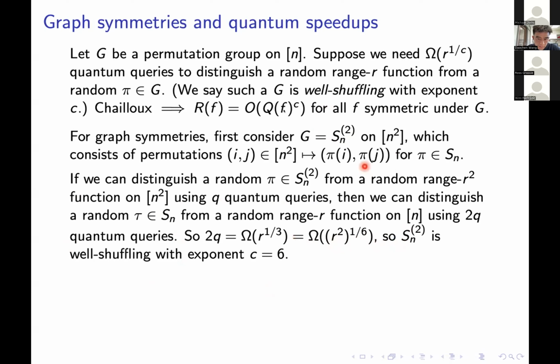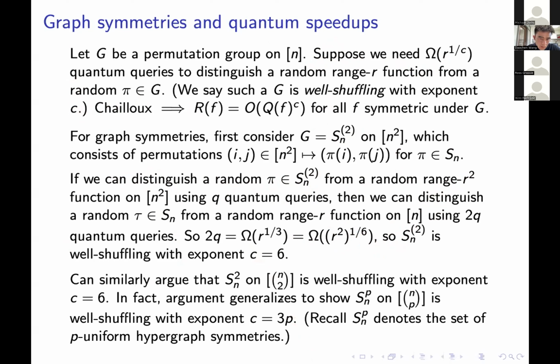So we started with trying to distinguish a random pi in Sn bracket 2 from a random range R squared function. If we look at the definition of while shuffling, we see that this R squared is the same as this R squared, and the exponent is 1/6, and therefore, by the definition of while shuffling, the C is 6. So that's Sn bracket 2.